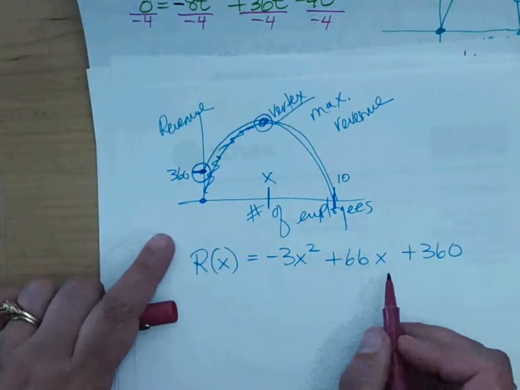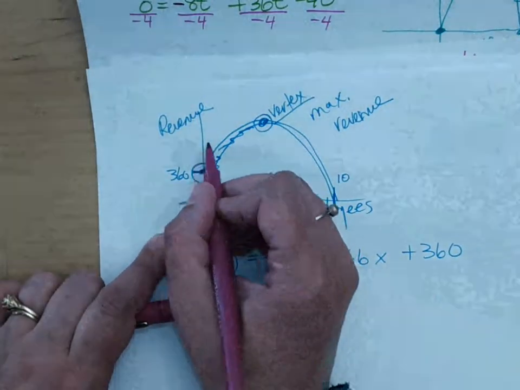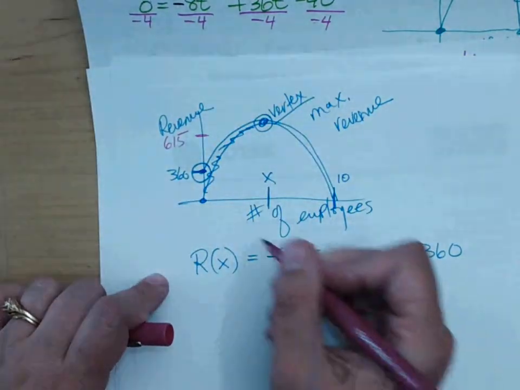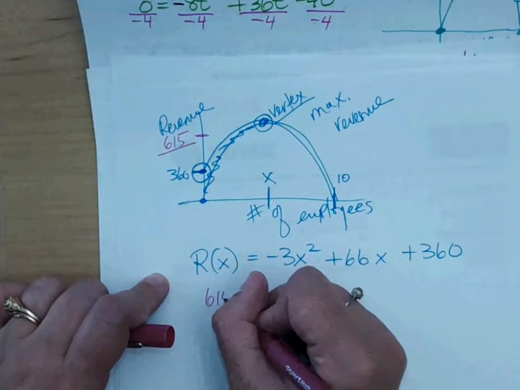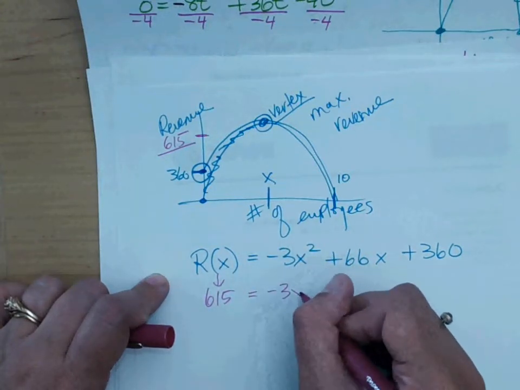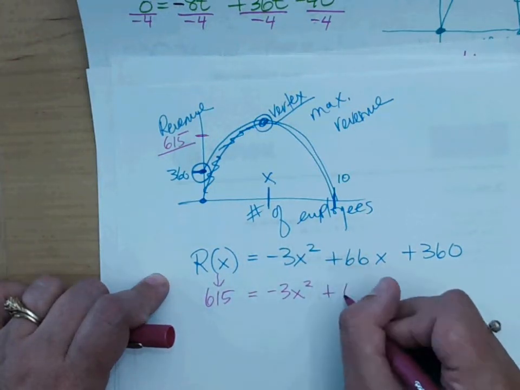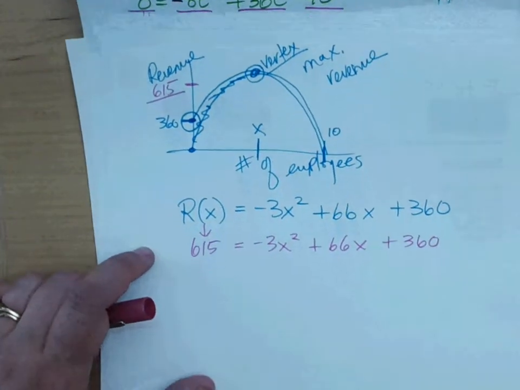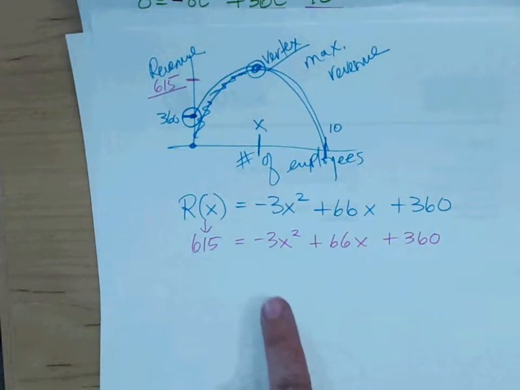I want to figure out how many employees I need to have a revenue of 615. So I'm going to plug in the number 615 for the revenue, and we're going to solve for x. Now, we were just talking in the last video, how could we solve this quadratic for x? Notice I can't isolate x.